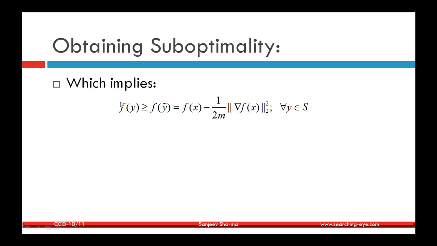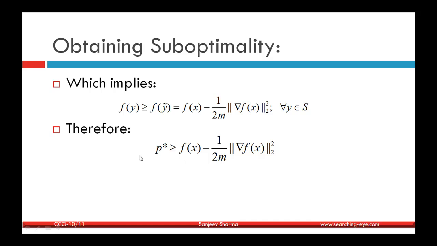And since this inequality holds for all y in the sublevel set, therefore this inequality should also hold for the optimum solution, that is x star. So putting y equal to x star gives us this inequality.